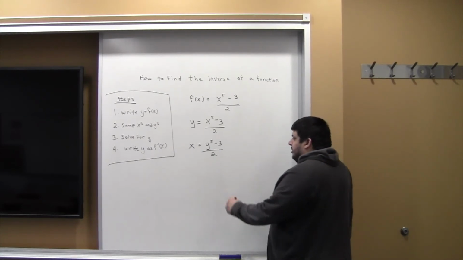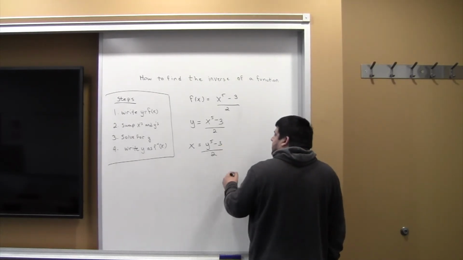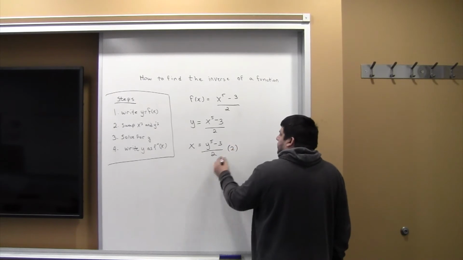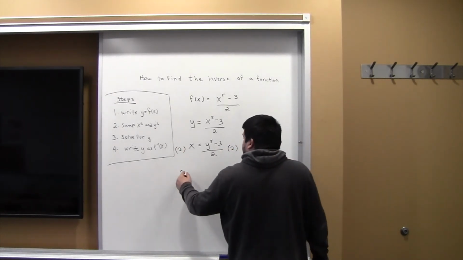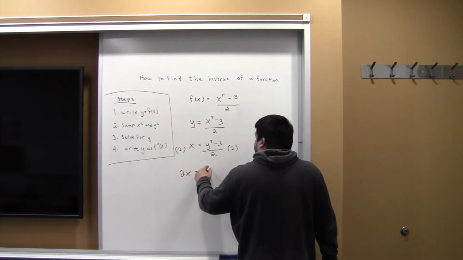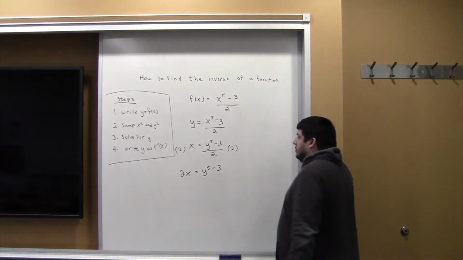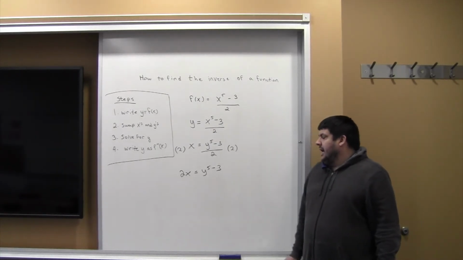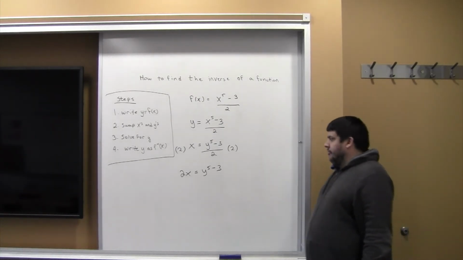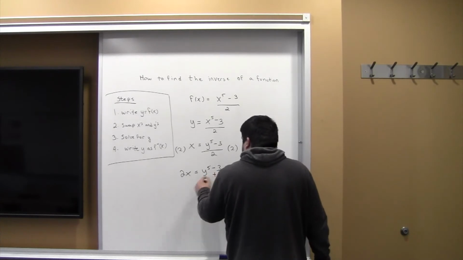The first thing we can do is multiply both sides by 2. This gives us 2x is equal to y to the 5th minus 3. Because now I'm moving that 2 over, and I can add the 3. That's another thing I can do next.